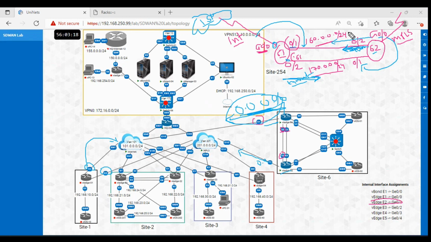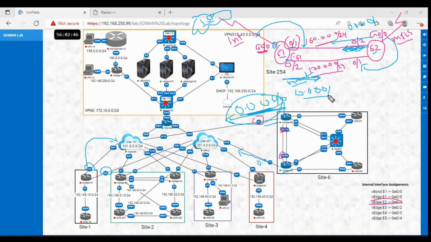So we should have a static route on 62 which moves all the traffic towards 61, and ultimately it goes to the internet ISP. Similarly, on this 61 router, we should also have a static route or default route pointing towards 62, and then it will move the traffic from 62 to the MPLS.